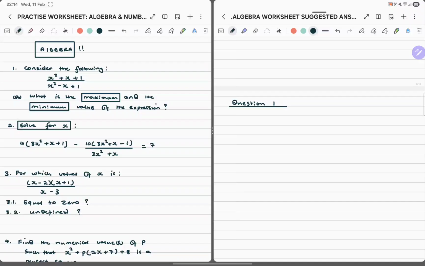Now, how are we going to deal with this problem, folks? Now, we have a fraction. Now, the basis of dealing with issues of maximum, when we've got a fraction, let's say, for example, we've got a over b. We need to understand this. For this to be a maximum, it means a must be the biggest value it can be.